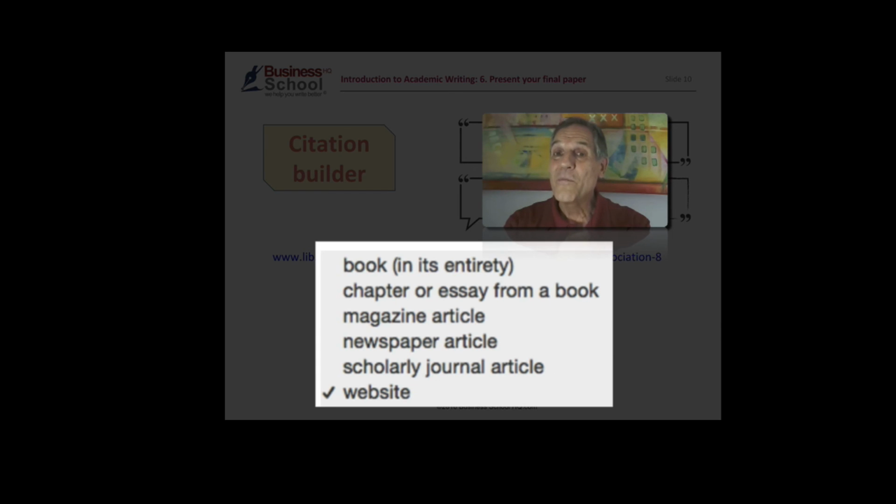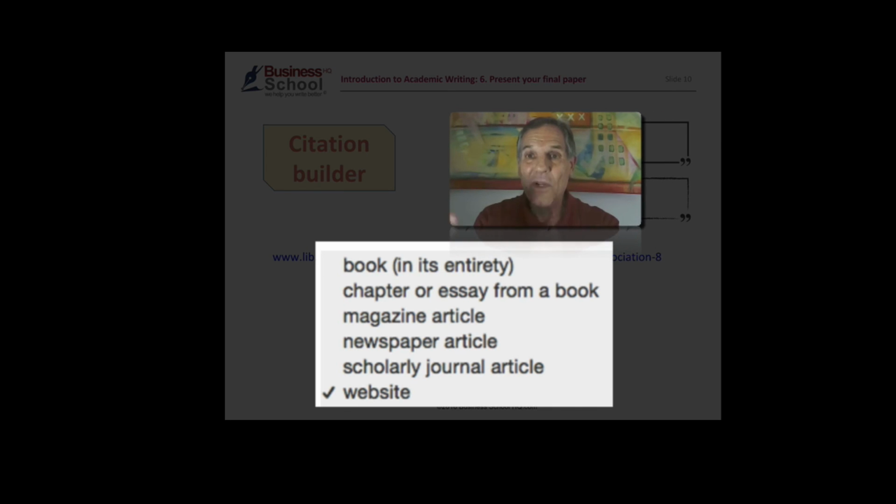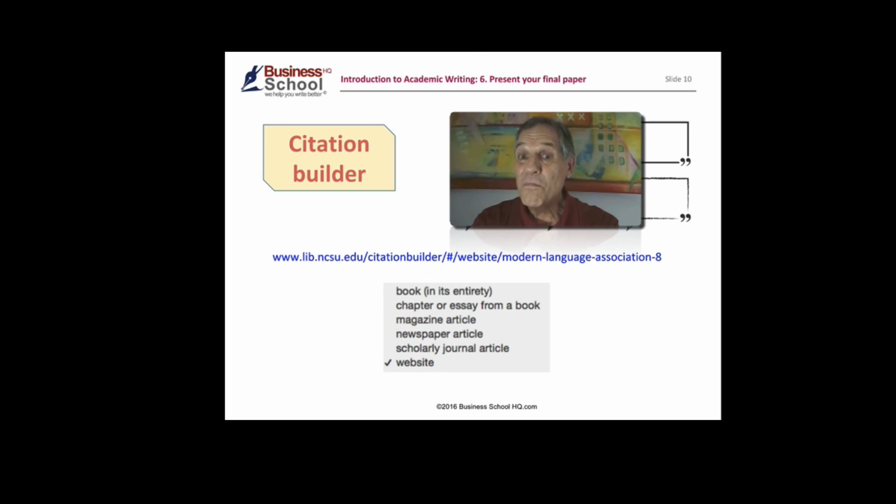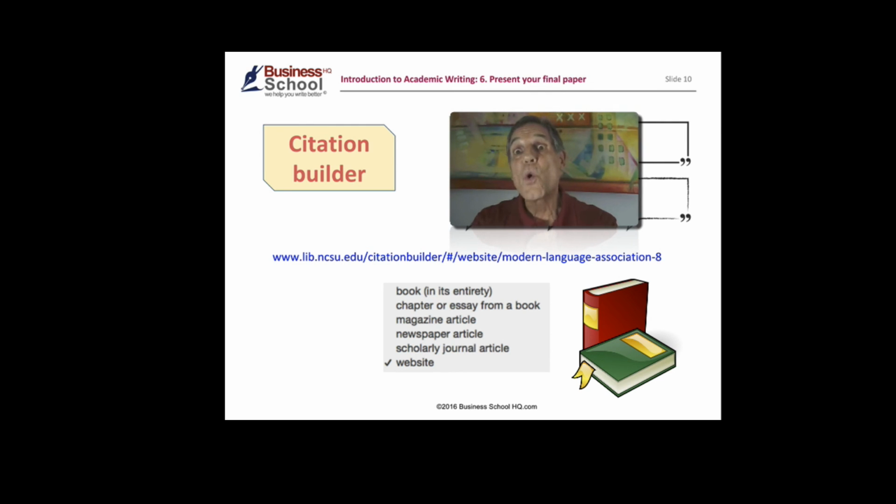You can enter information about a book, chapter or essay from a book, a magazine article, or newspaper article, and so on. And presto, the Citation Builder creates a proper citation to use on your Works Cited page.